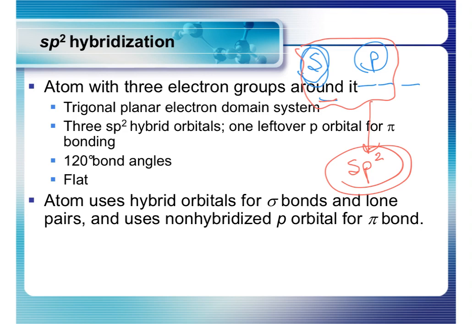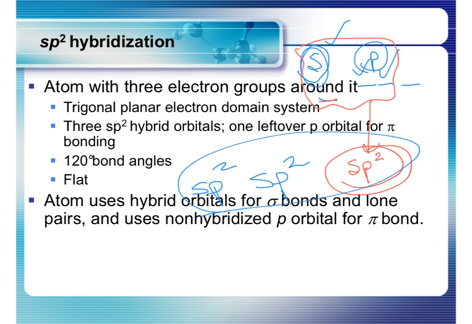Since we started with 3 atomic orbitals, an s and 2 p's, we have to end up with 3 hybrid orbitals. So we are going to have 3 sp2 hybrids available after the hybridization. They'll all be equivalent to each other. And so if you arrange 3 hybrid orbitals so that they're as far away from each other as possible, remember they're going to have electrons in them, so they still will repel each other.